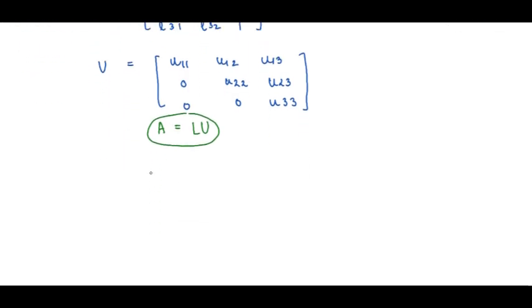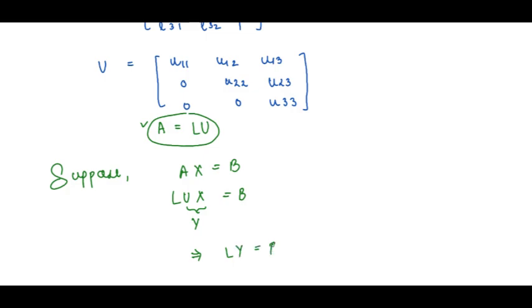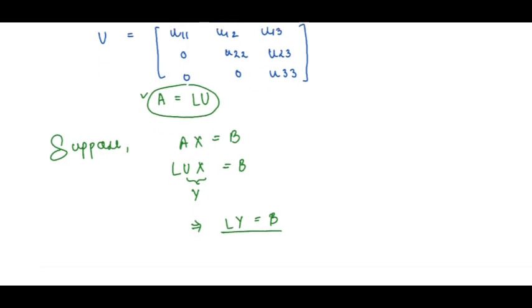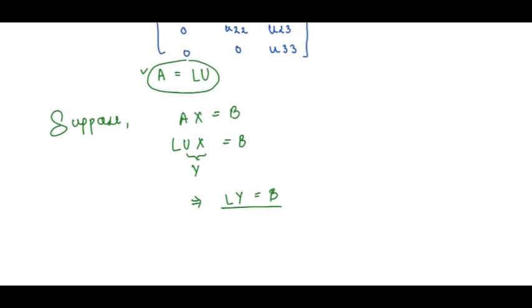Suppose we have AX equals B, and if A equals LU, then we can substitute it here and obtain LUX equals B. Now introducing a new variable, UX equals Y, the original problem becomes LY equals B and UX equals Y. Notice something important: both equations involve triangular matrices, and triangular systems are very easy to solve.